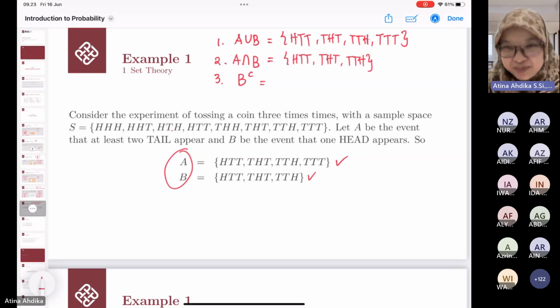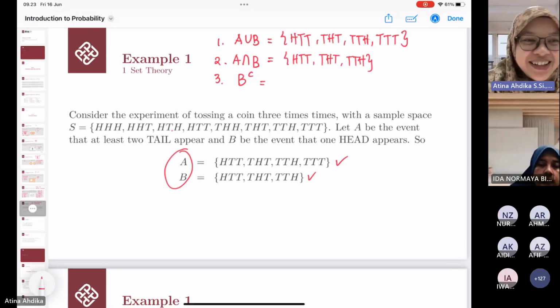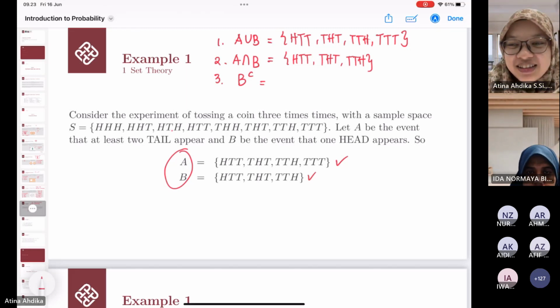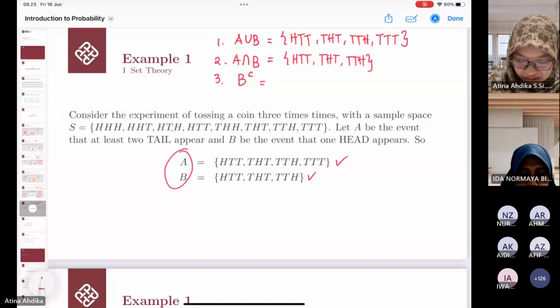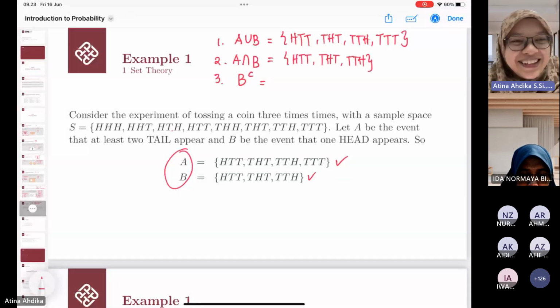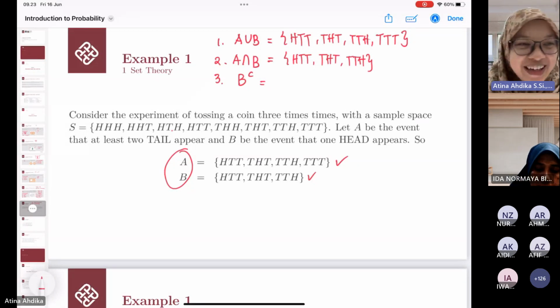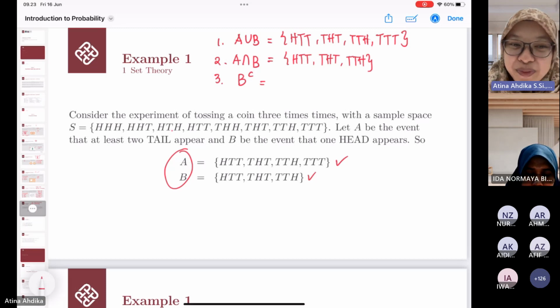Is it TTT, because it's the different element? Okay, TTT. I will ask you once again. Are you sure with your answer, that the complement of B is only TTT?